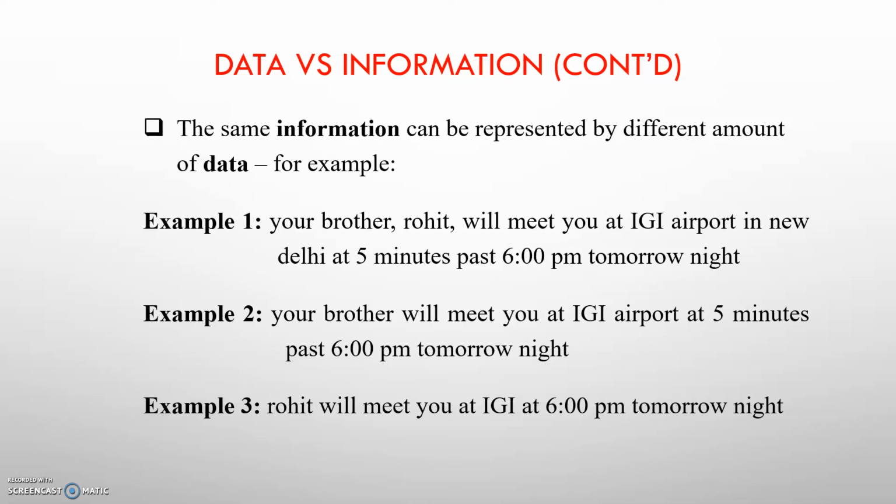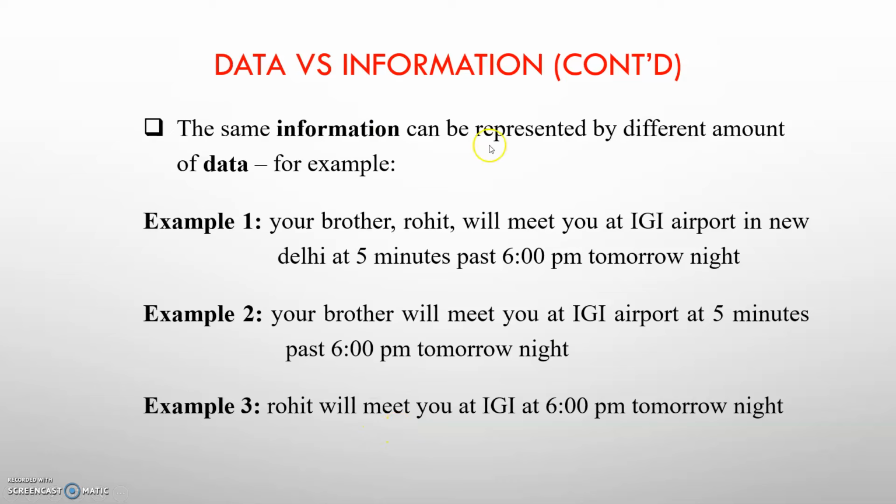But what we try to do in compression is keep the information intact. The data can change, right? So you can just see over here, there was only one information which was explained in all three examples. What was different was only the data, correct? My data was different in all the three examples, but the information remains same.